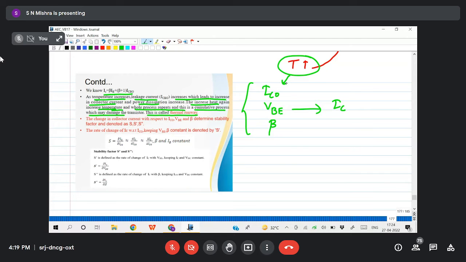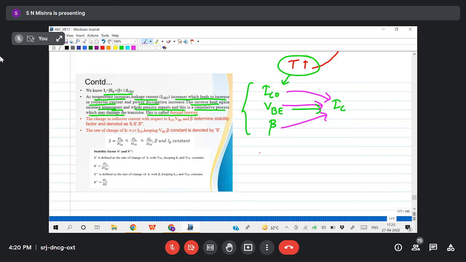Now if I want to find individually how ICO is affecting my IC, VBE is affecting my IC, beta is affecting my IC, then we need to find out the stability factor. Stability factor is a parameter which will give you how much increase or decrease in IC results from ICO. What is the effect of leakage current on IC, what is the effect of base emitter voltage on IC, what is the effect of beta on IC.